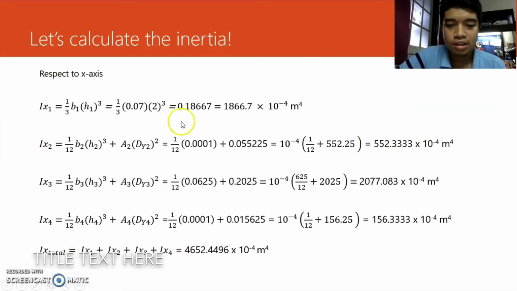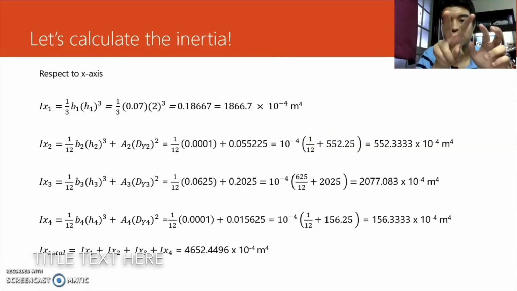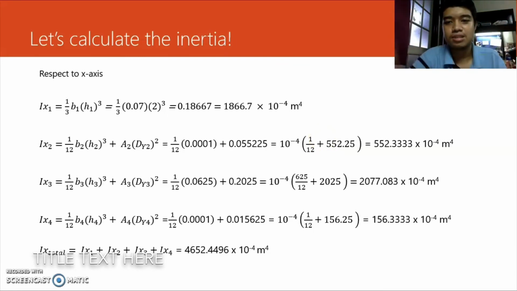And for the others, I use 1/12 bh3 plus A dy squared, because I use the parallel axis theorem. Why? Because these 3 parts are not at the edge of the axis, some are in the middle of the axis. There is a distance between the part and the axis, so we use the parallel axis theorem.